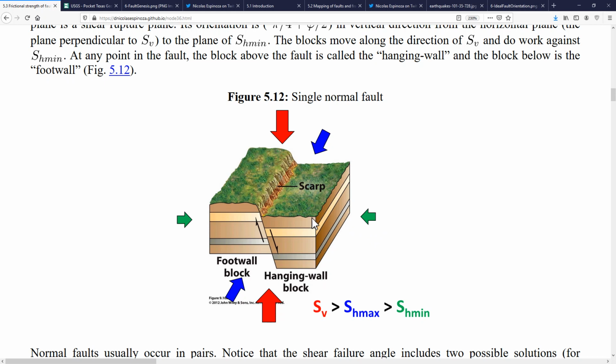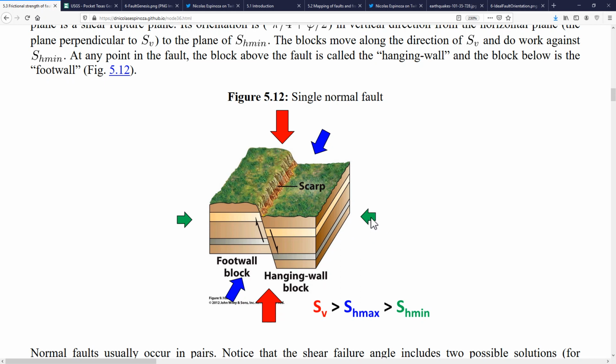What is happening in this normal fault is that the maximum principal stress is doing the work to break this rock. And because this one is the maximum, this one is going to be pushing down this section, and also the same stress and the reaction is going to be pushing up this section, and all of this movement is going to do work against the minimum principal stress.